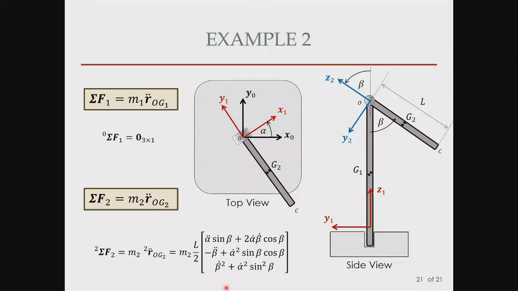And now we are going to move towards the sum of moments equals H dot. We are doing it about the center of mass, which we are already familiar with, since we covered the center of mass formula.